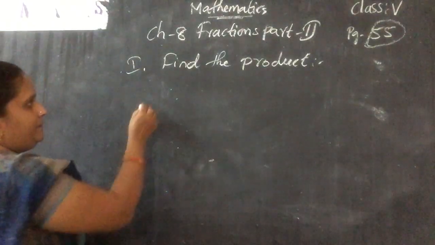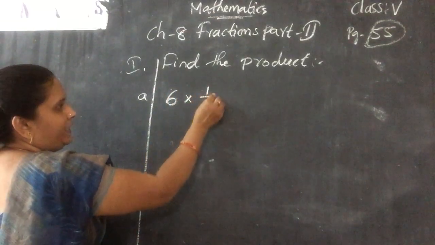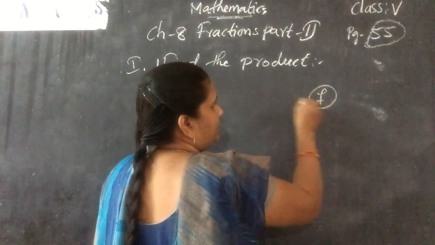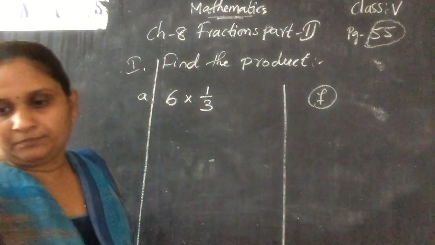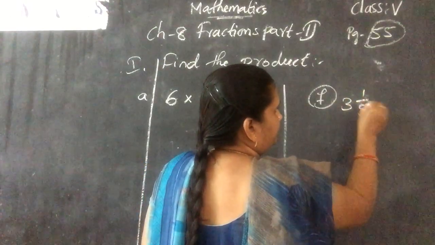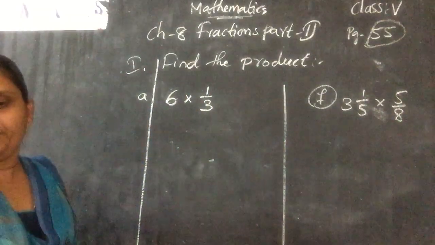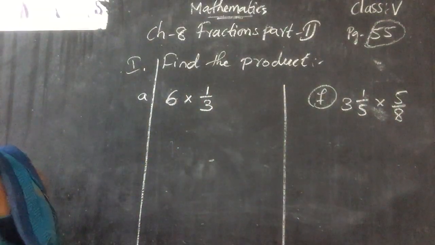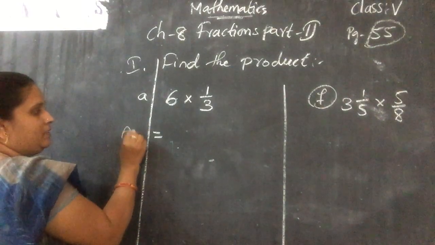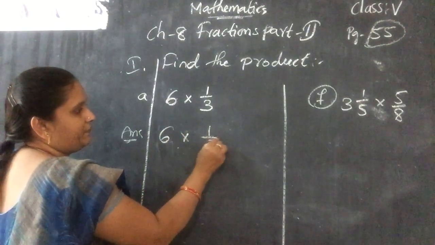Okay, the first one will be 6 into 1 by 3, and the F sum is 3 1 by 5 into 5 by 8. Okay, now the first one. After writing this sum, put equals and write down the same sum again: 6 into 1 by 3.